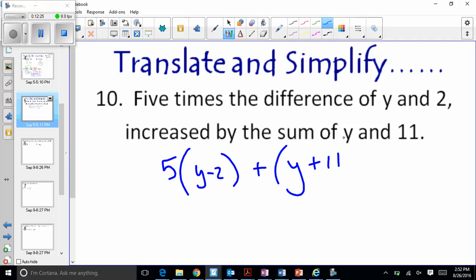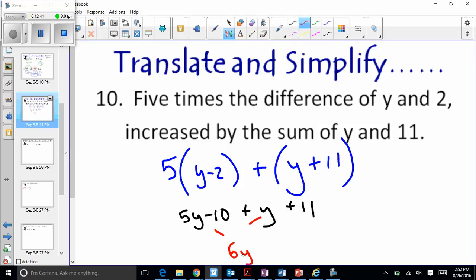I can put that in parentheses too. So there's my translated expression. From there, I use my distributive property to make this 5y minus 10, and then I add y and 11. When it's all said and done, this makes 6y. Negative 10 and a positive 11 make plus 1. So it's 6y plus 1.